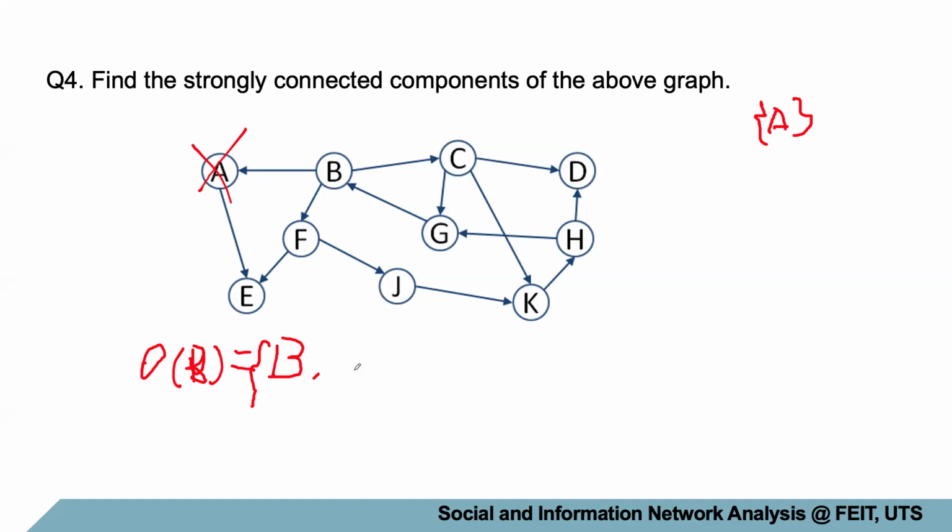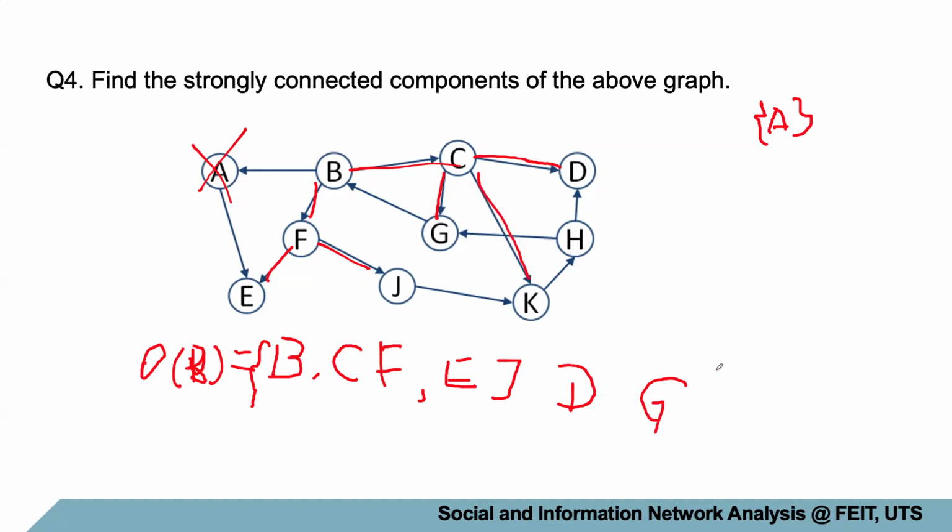B can go to B, and also B can go to C and F, and F can go to E. F can go to J, and B can go to C, C can go to J, C can go to D. C can also go to K. Also K can go to H. I think these parts are all the same vertices.